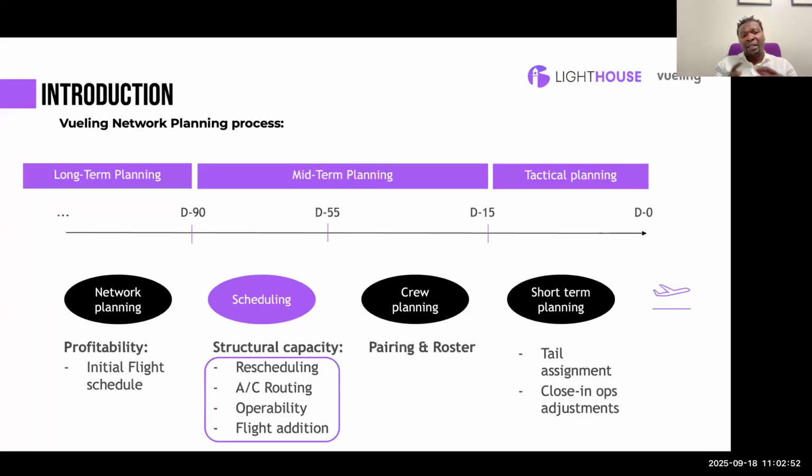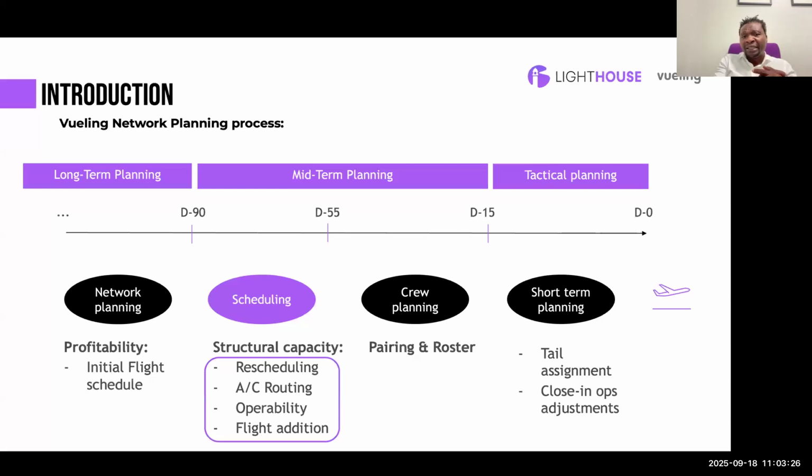Before understanding this, we have to understand that aircraft network planning is a step-by-step process. The process starts from long-term planning, choosing which routes and which benefits the company wants, and we are talking about one year ahead.